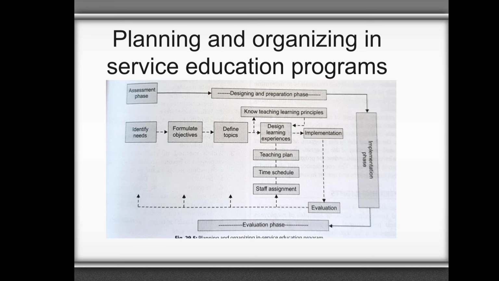Then the process evaluation involves assessment of participation, satisfaction with the training, and assessing the immediate effect of training on their knowledge, skill and abilities. And the summative evaluation, we determine when the trainee or trainees are actually performing in the real situation.